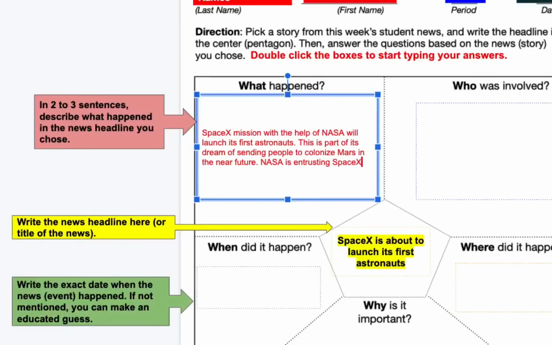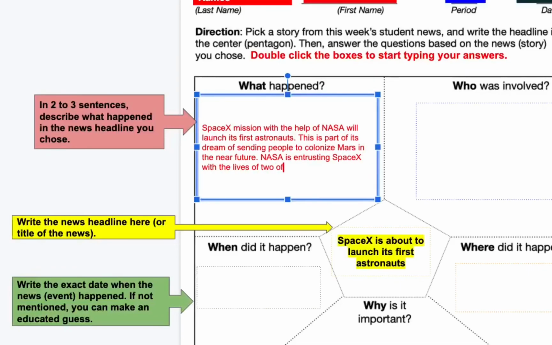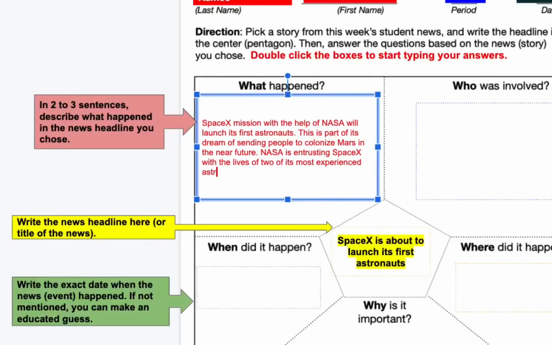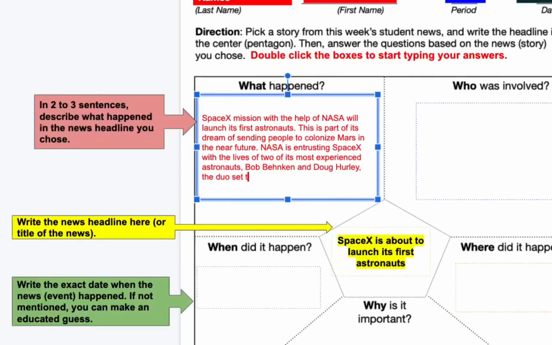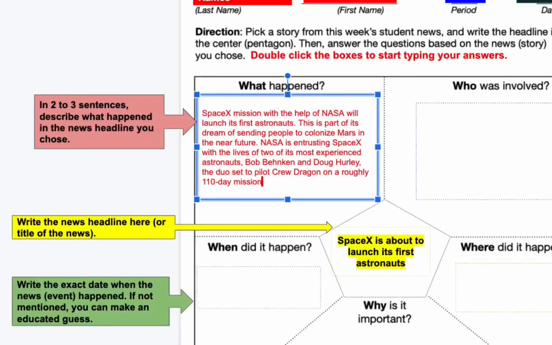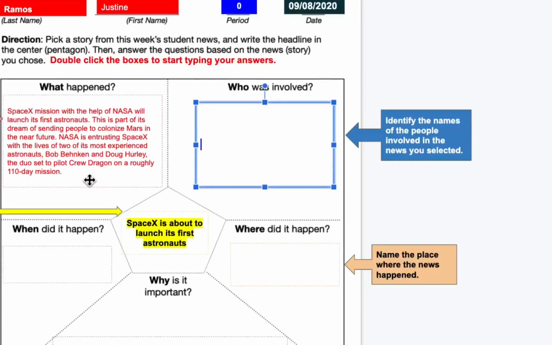NASA is entrusting SpaceX with the lives of 2 of its most experienced astronauts, Bob Behnken and Doug Hurley. The duo set to pilot Crew Dragon on a roughly 110-day mission. So I followed the instruction and I wrote 3 sentences.